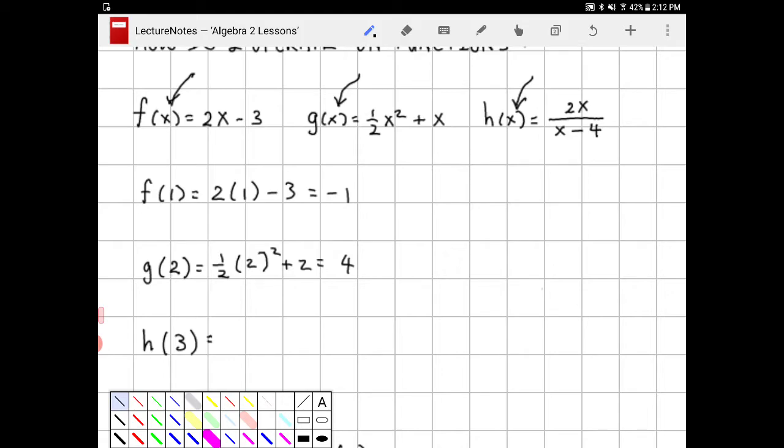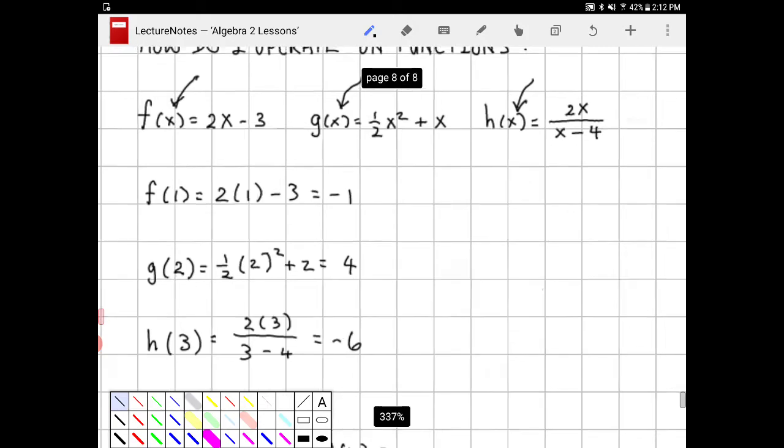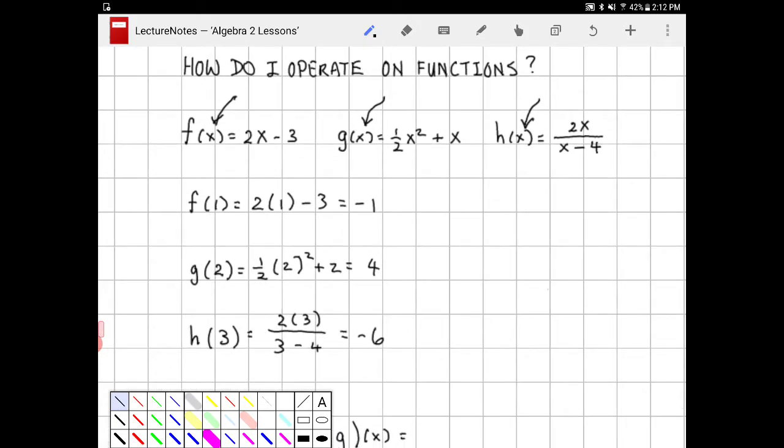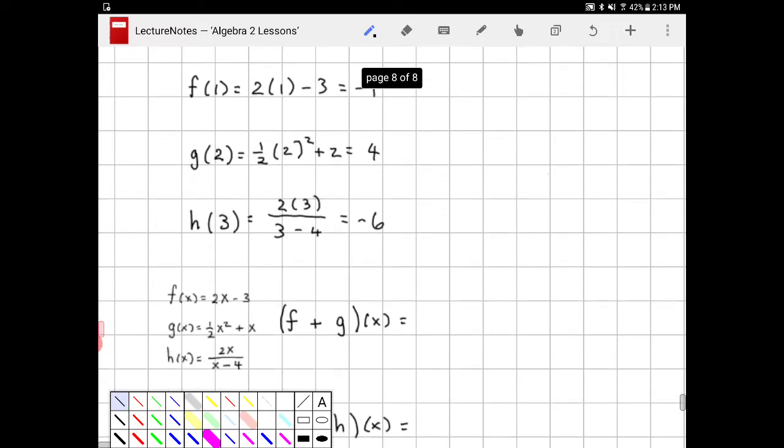The input is 3, and the output is whatever h evaluates to, and in this case, h evaluates to -6. So there you have it. That's how we evaluate functions. Wherever we see x, we replace it with whatever the number or expression is that's in the parentheses. Let's take a look at another type of question.